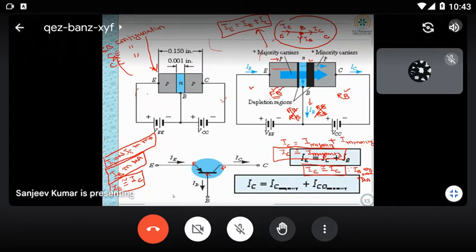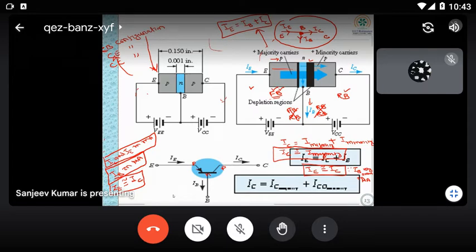Due to majority carriers, there will be current, and due to minority carriers, there will be current. So the naming is ICO for the minority, and IC majority is mentioned here. The total collector current is based upon the carrier levels: IC majority and ICO minority.